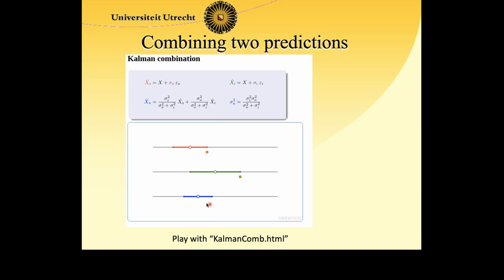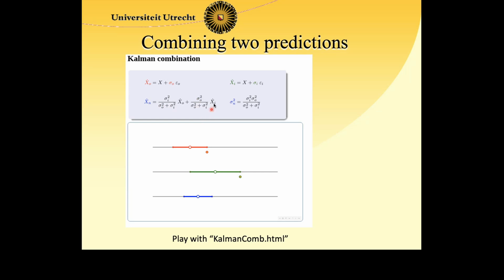And then the blue one is an optimal combination of both types of information. You can see the optimal prediction is a weighted average of x0 and xI, where the weights are based on the ratio of the variances. So this is the variance of I divided by the sum of the variances, and the variance of 0 divided by the sum of the variances.